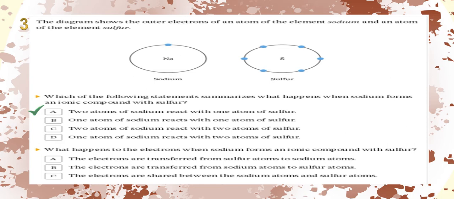The electrons are transferred from sodium atoms to sulfur atoms, so the right answer is number B, as it will form an ionic bond. Let's go to question number 4.